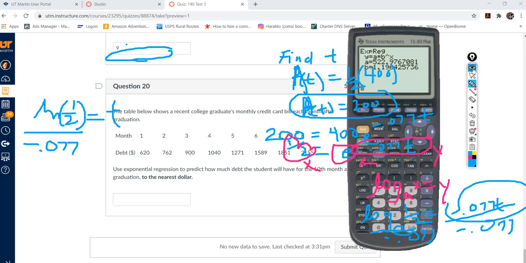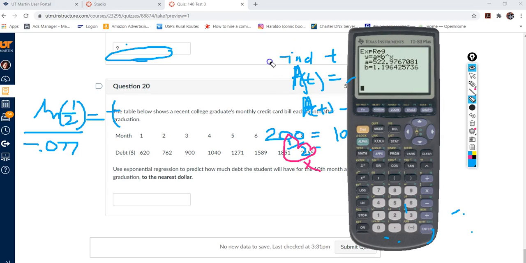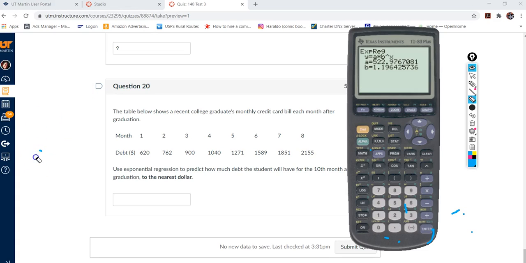Okay, so this gives me, let me erase all the previous stuff, this gives me my exponential equation. Now, it says to round to the nearest dollar. You absolutely do not round until the very end. If you round any time before the end, you have introduced rounding error and your answer is wrong.